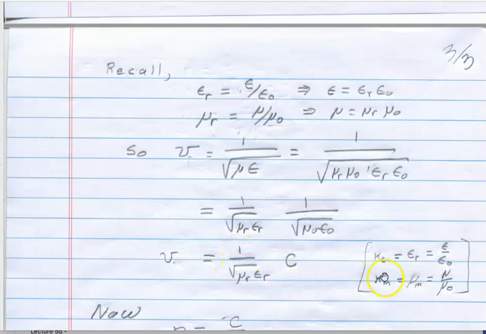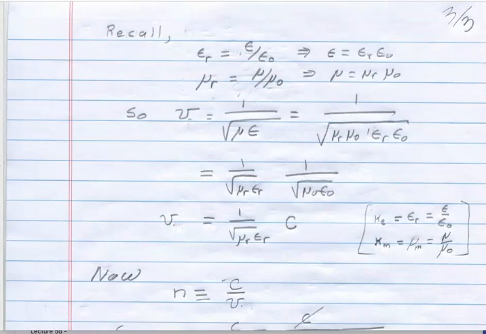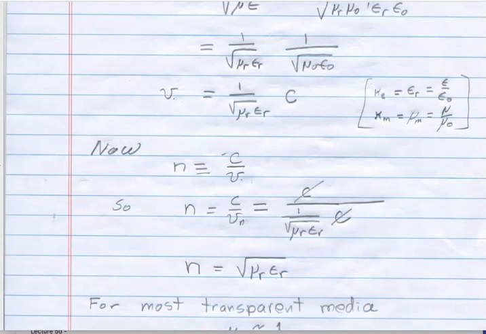And again, you may see this written as kappa E for the relative permittivity and kappa m for the relative permeability. I'll keep the more modern notation. But remember, from the early days of optics, they had defined the index of refraction of a medium to be the speed of light in the vacuum divided by the speed of light in the medium.